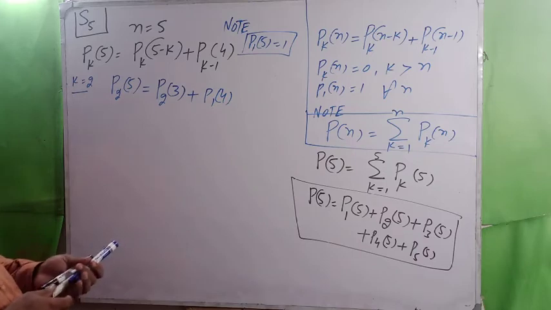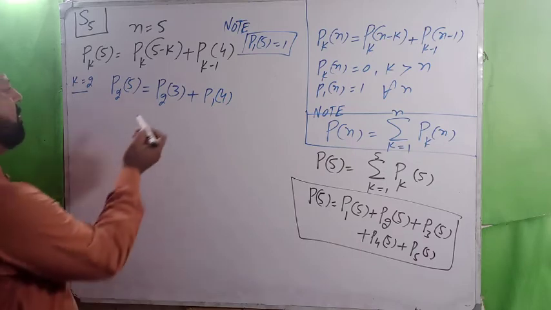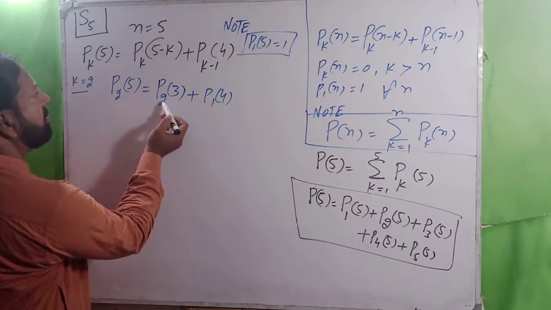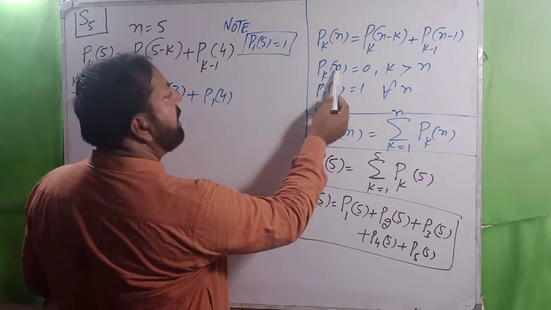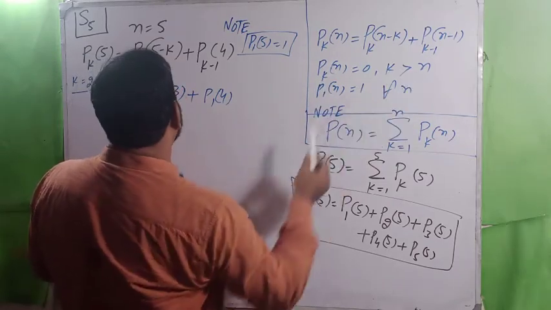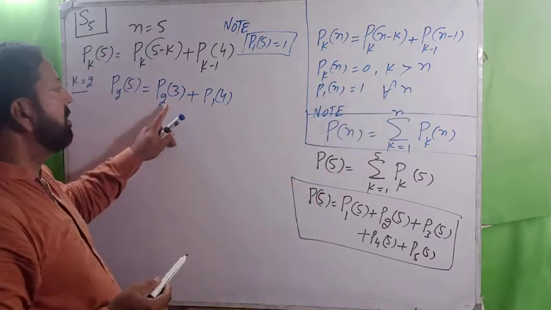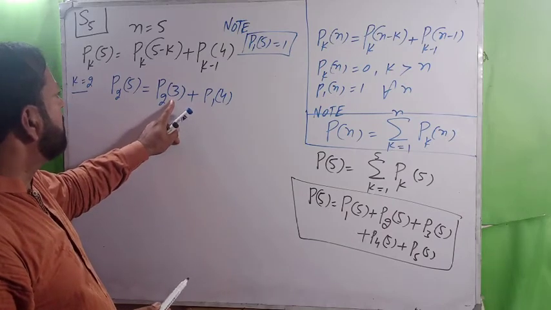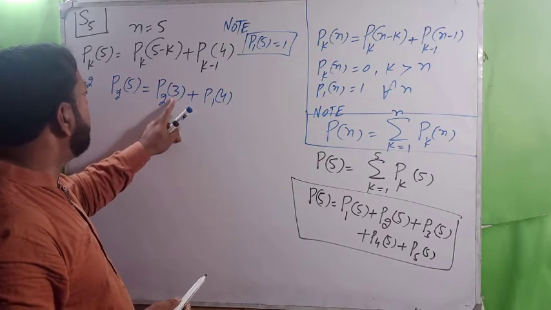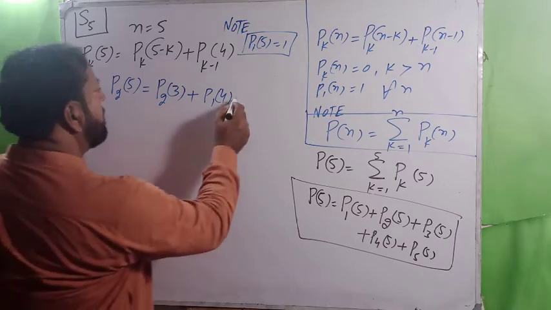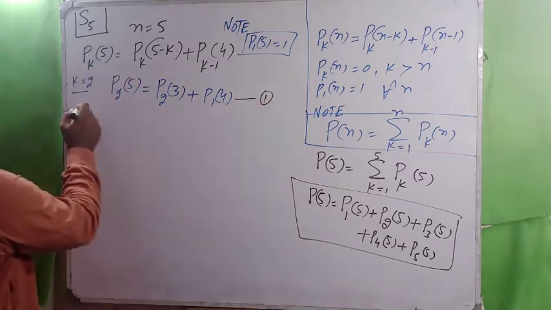And you know that P2,3, this is less than, because Pkn, if k greater than n, so this is 1, we will find P2,3.